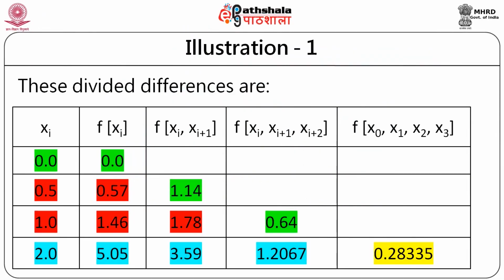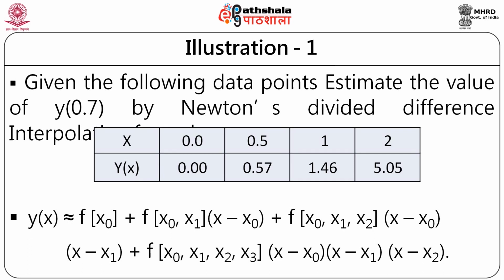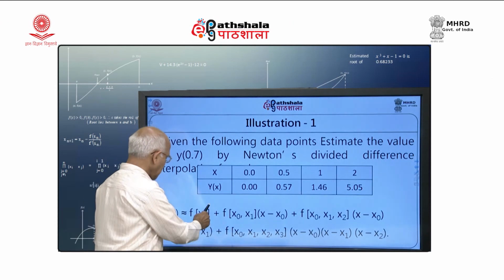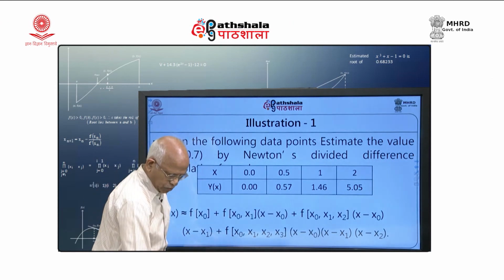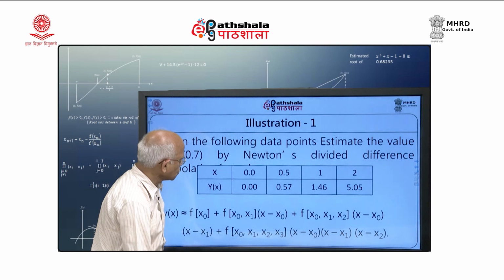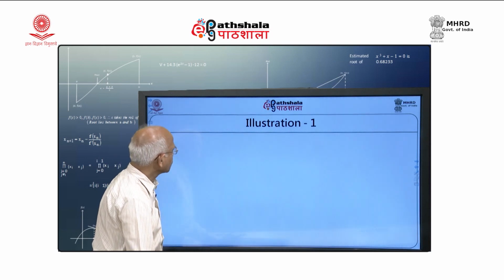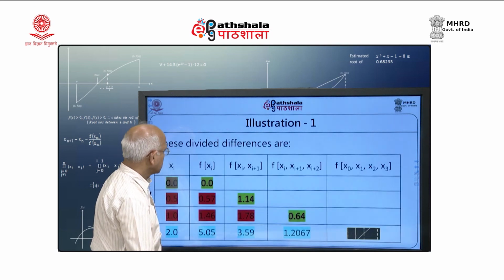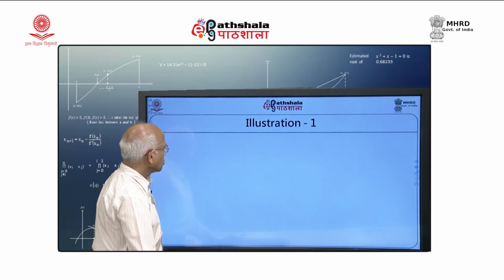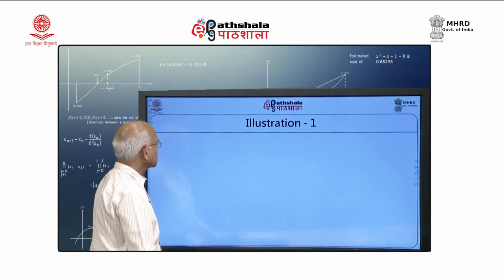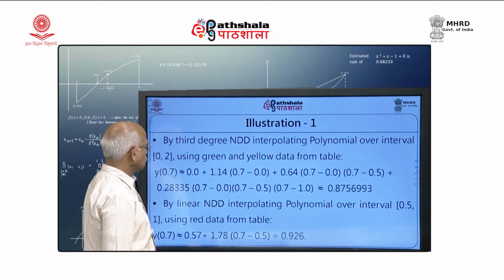So, I have to use these 4 values from the table, and substitute them in my formula given earlier. If I do that and write x equal to 0.7, your computation will be like this.